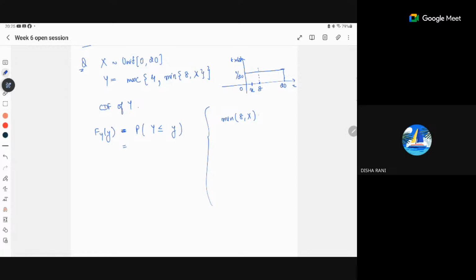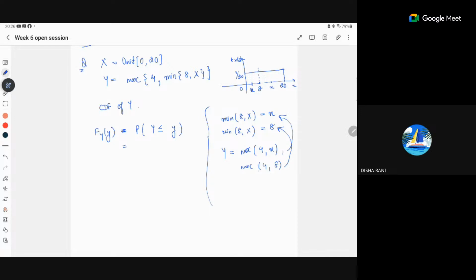Then the minimum is x. What happens if x lies between 8 to 20? Then min of 8 comma x would be 8. So Y would be max of 4 comma x for the first case, and max of 4 comma 8, which is 8, for the second case.